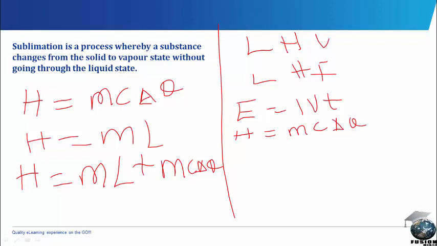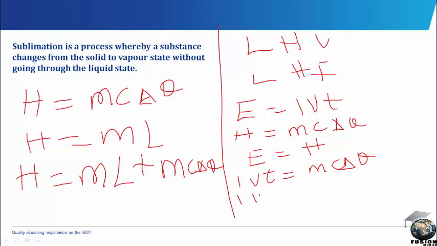It simply means that since energy can neither be created nor destroyed, but can only be transferred from one form to another, we have it that E is equal to H. So IVt is equal to mc delta theta.